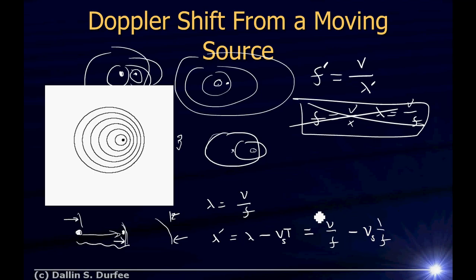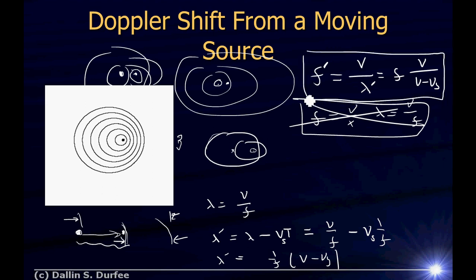So lambda prime is just going to be 1 over f times v minus v source, right? So if I plug that in up here, I'm going to have a v divided by this thing. So when I divide by that, it's going to be f v over v minus v source.